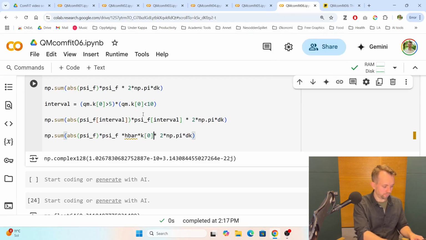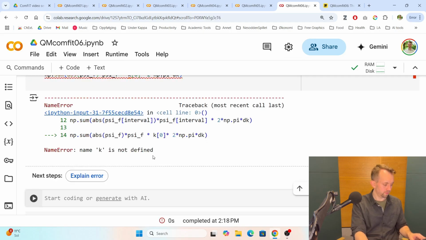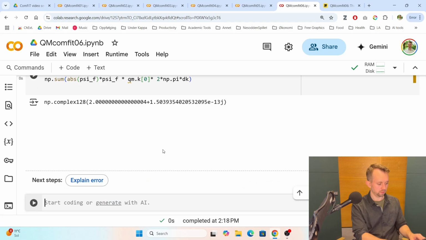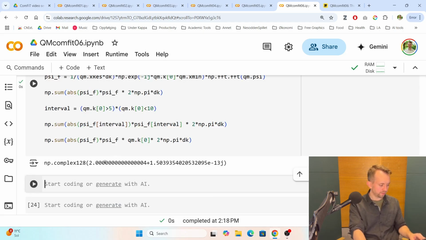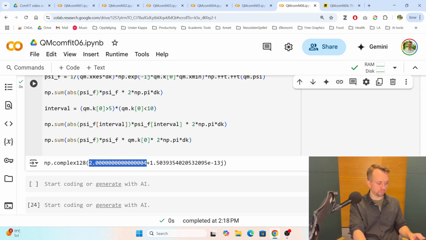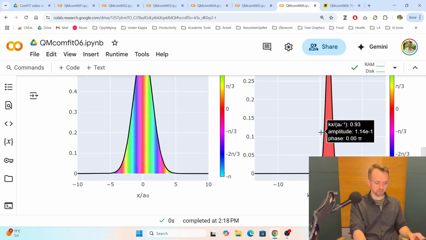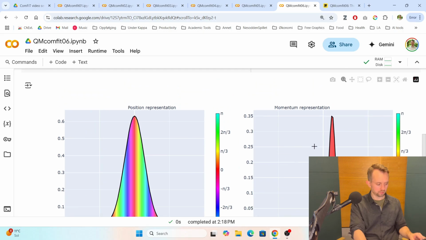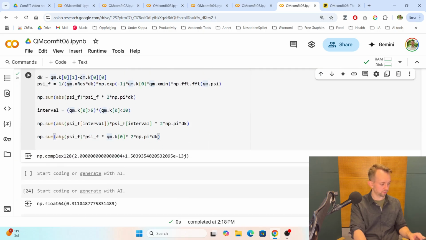So k of 0, like this. And of course, we have set h bar to 1 in all our simulations, so we just remove it, and we're left with this value here, except k is not defined. It needs to be in qm. And we get that the expectation value for the momentum is 2, which makes sense because we have made this to have that initial velocity.